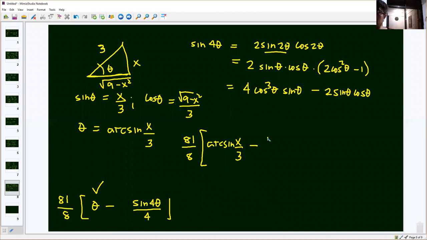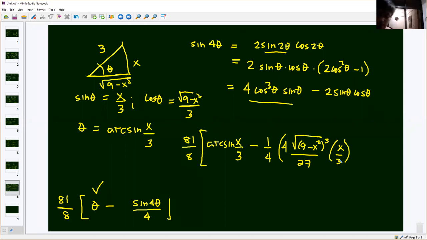So, 1/4 of this thing. Sulat ko yung 4. What is cos cube? Square root of 9 minus x squared cube over 3, na pag kinube ay 27. Right? Then times sine, which is x thirds.